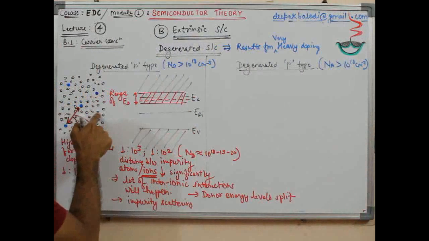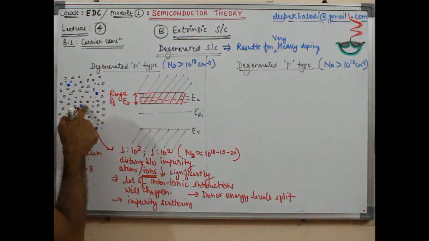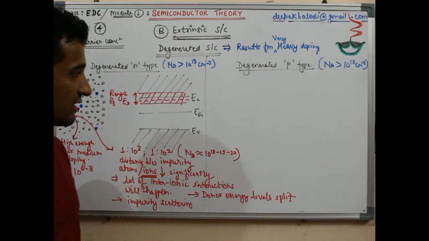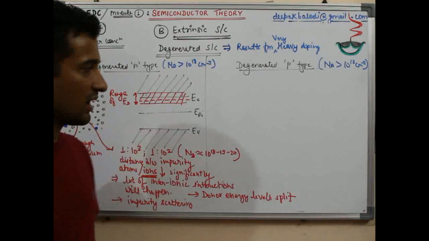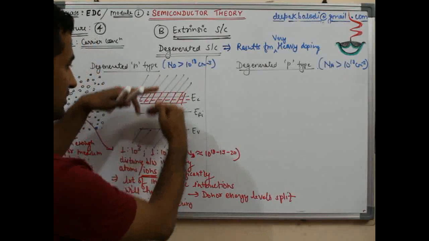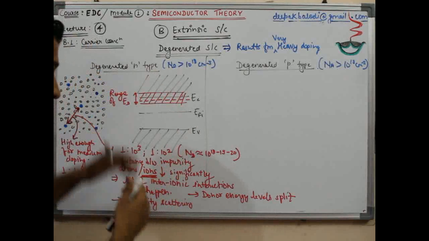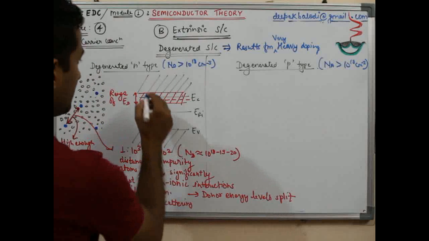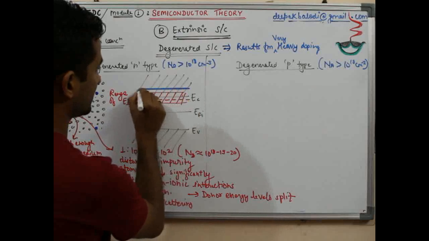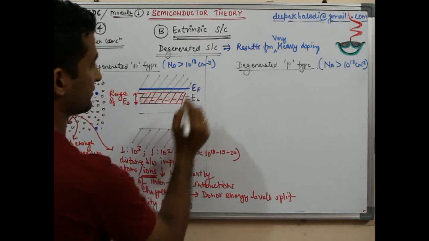Atom to atom interaction is not that important, but ion to ion interaction is very significant. All because of that lots of abnormality happens, and due to that the energy level shifts, it splits, and therefore the final Fermi level is somewhere here, EF.